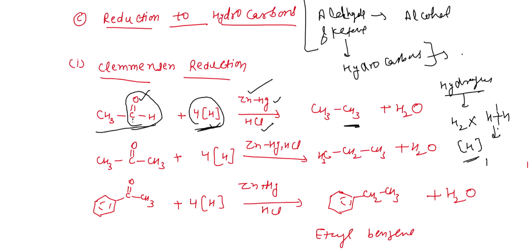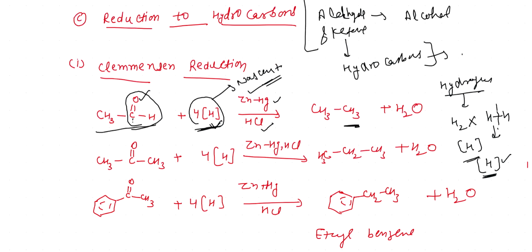This hydrogen atom is very reactive, and so it is represented in brackets. That's why it is called nascent hydrogen, as this hydrogen is produced in situ in the reaction. It is not escaping the reaction, so it is a part of the reaction.